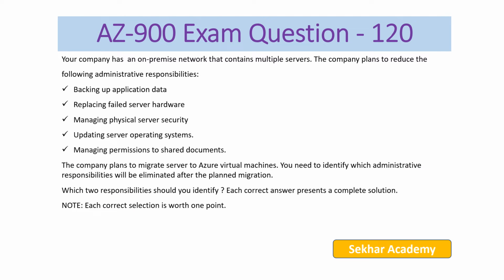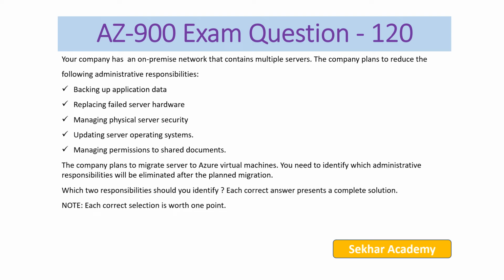AZ-900 exam question number 120. Your company has an on-premises network that contains multiple servers, and the company plans to reduce the following administrative responsibilities: backup application data, replacing failed server hardware, managing physical server security, updating server operating systems, managing permissions to shared documents.